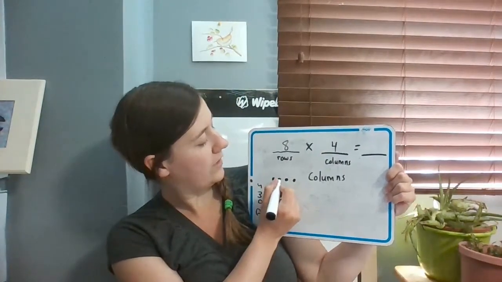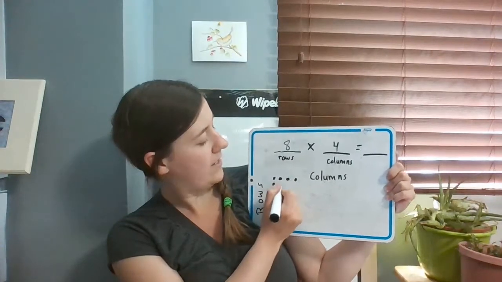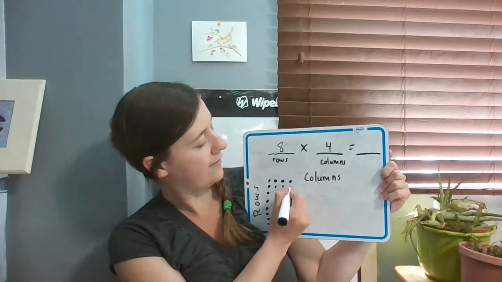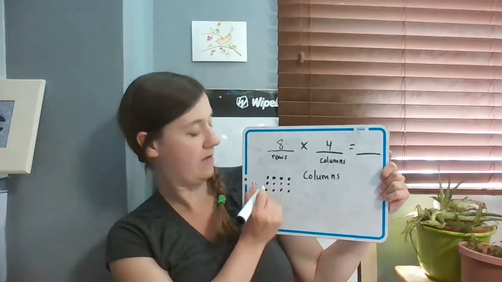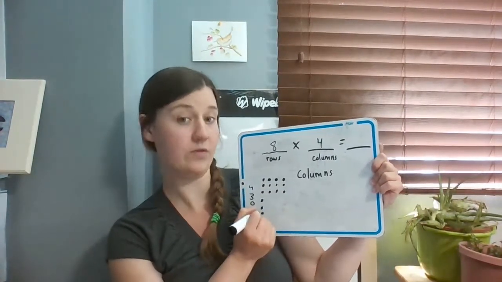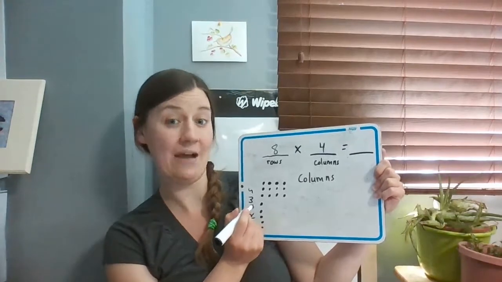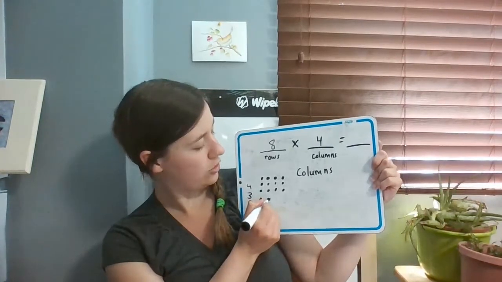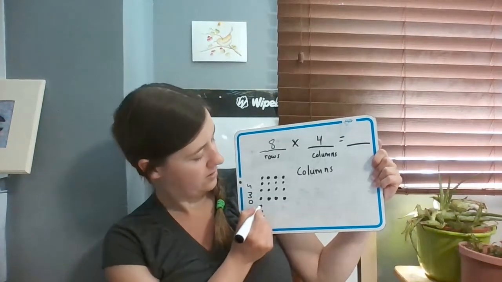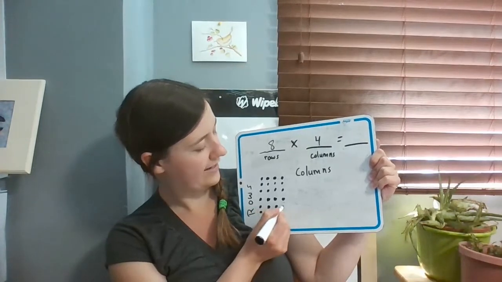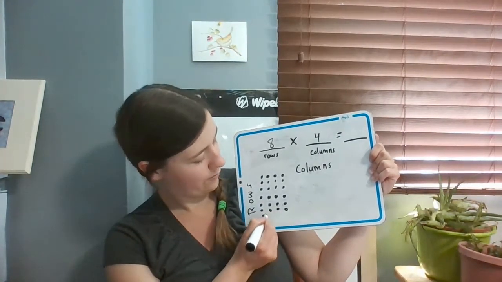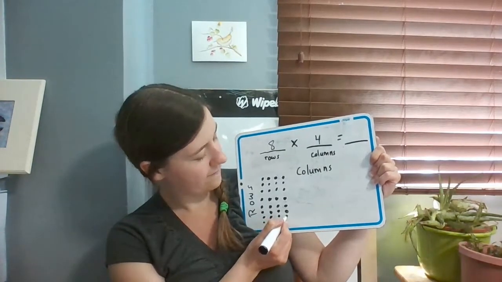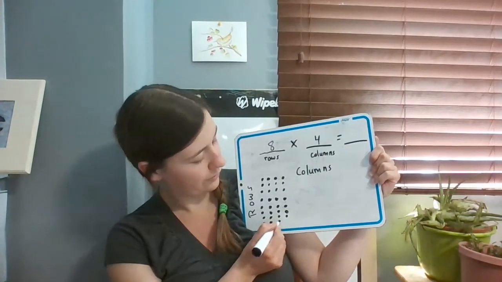So if I went 1, 2, 3, 4, I need 1, 2, 3, 4. Make sure you count this row. This row is already here. It needs to count. So go 1, 2, 3, 4 for each row.